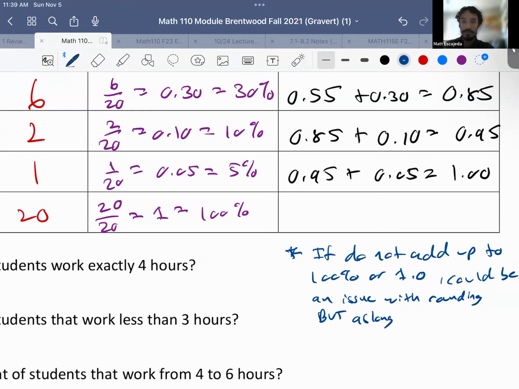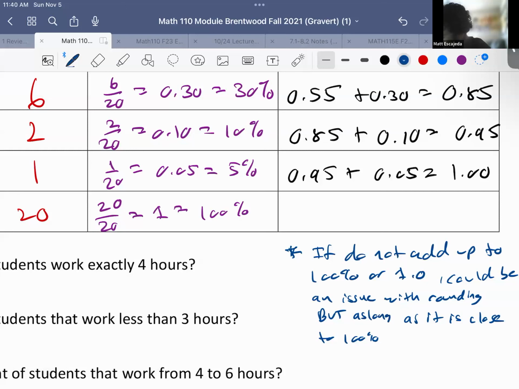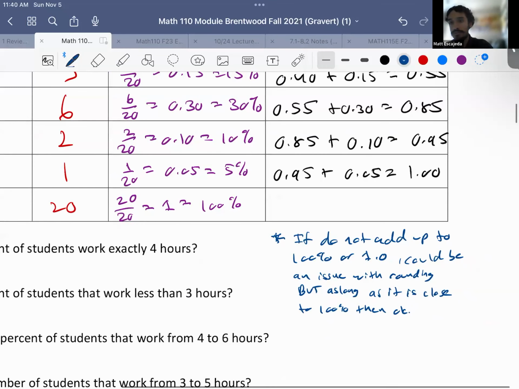As long as it is close to 100%, then it should be okay. If it's like 99 point something, or 100 point something, then it should be okay.